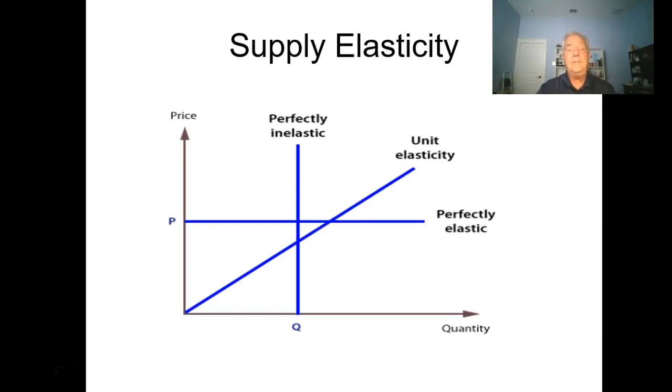Perfectly elastic is the same as a demand curve. It runs horizontal from one axis to the other. So it's a horizontal curve to be perfectly elastic. Perfectly inelastic is an upright curve, right? It's vertical, okay? And that means that it doesn't matter what the price is, the quantity is going to be exactly the same.